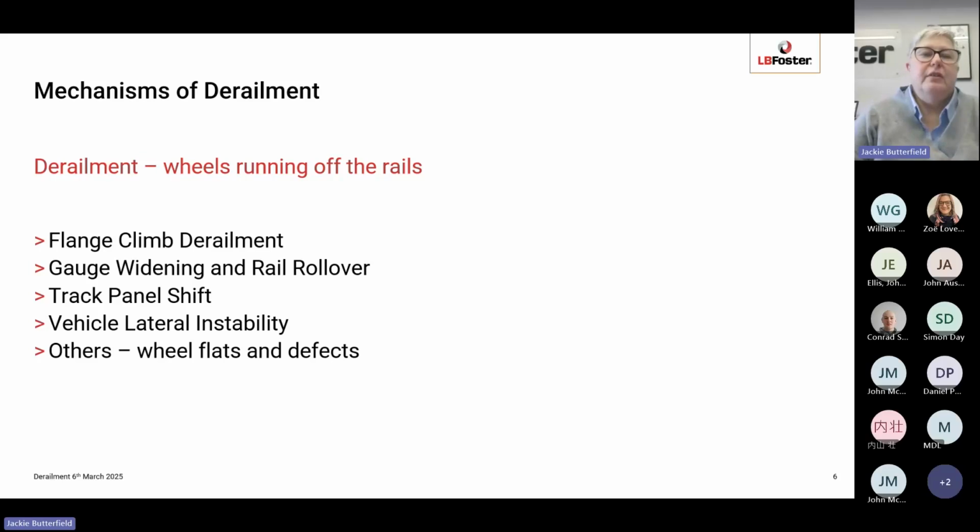The simple definition of derailment is that one or more wheels of the vehicle runs off the rails, causing the vehicle to be no longer guided by the rails. There are a number of mechanisms by which this can occur: flange climb derailment, gauge widening and rail rollover, track panel shift, vehicle lateral instability, and others such as wheel flats and wheel defects.